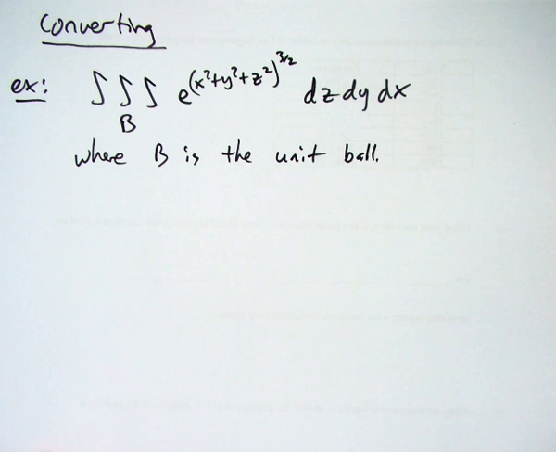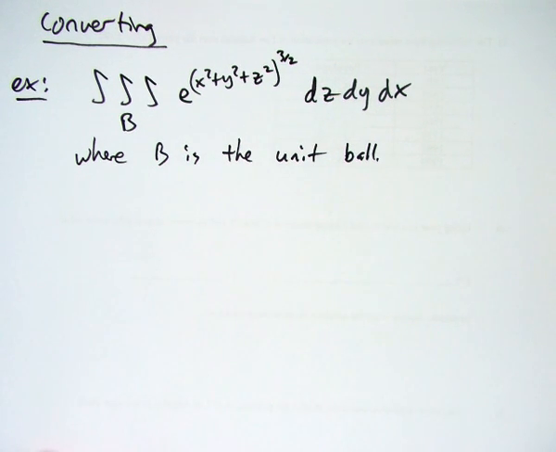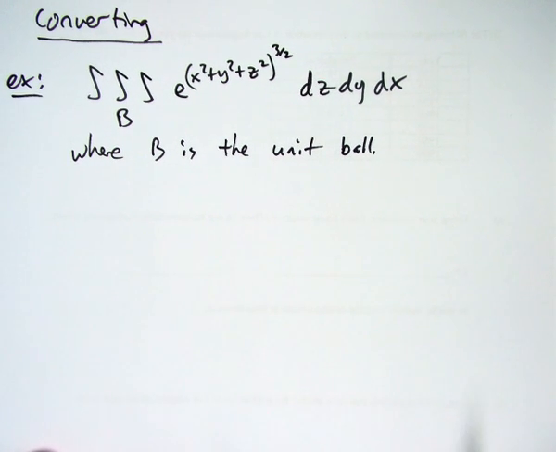Unit ball meaning x squared plus y squared plus z squared equals 1. It's funny that we're calling it ball. Unit sphere, sure. I like ball better.